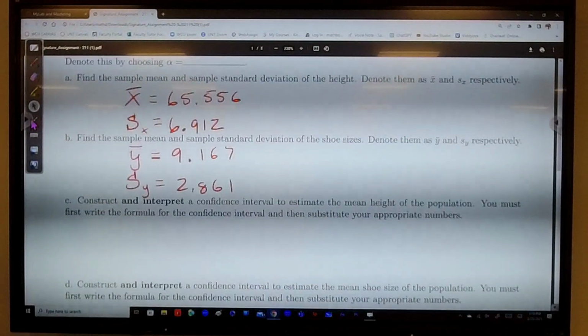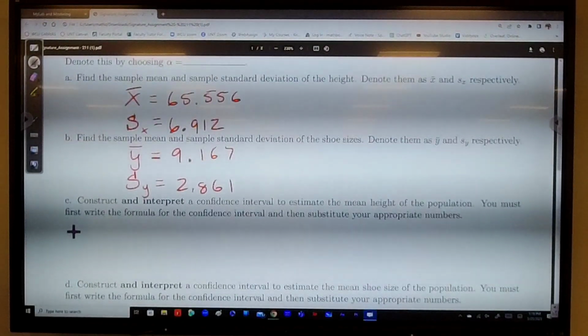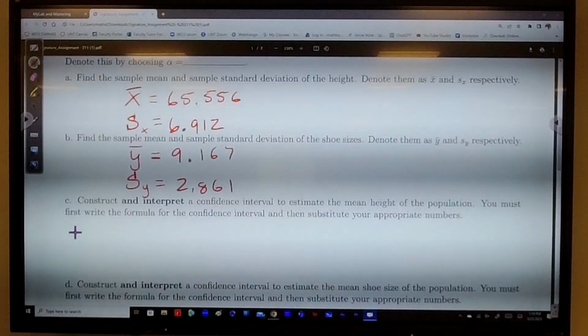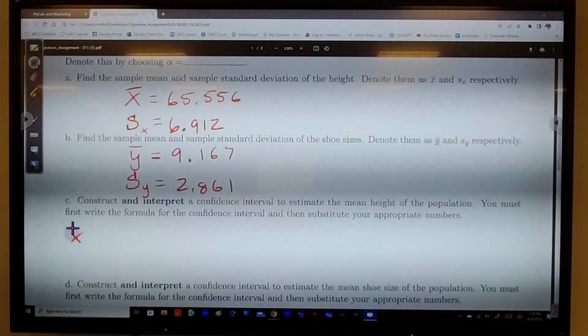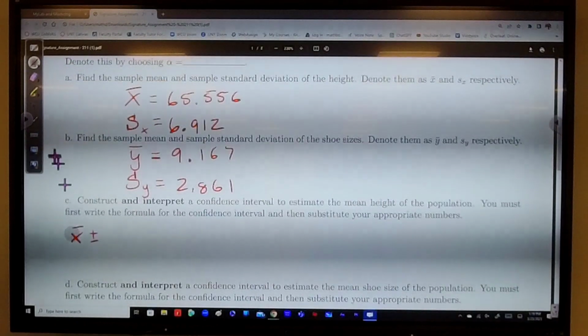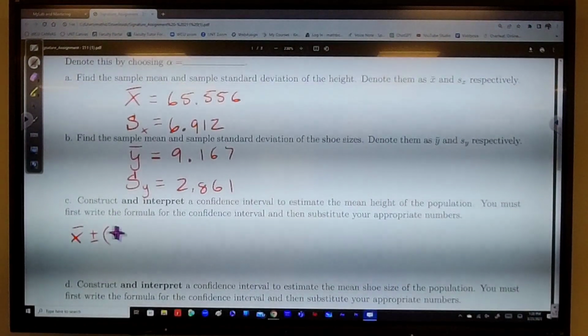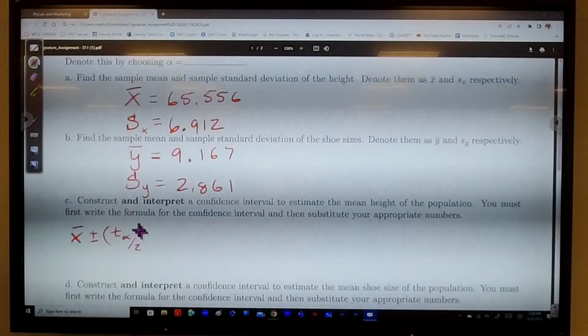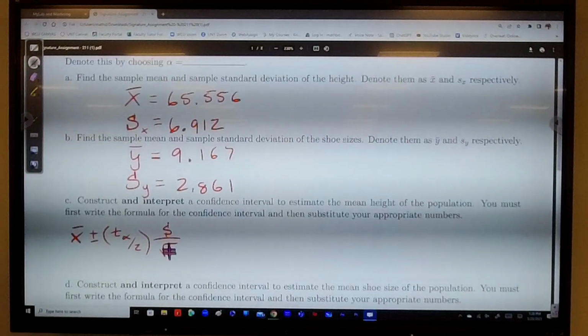We are going to say that the answer here for the confidence interval of the height is x bar plus or minus t sub alpha over 2 times s over root n.